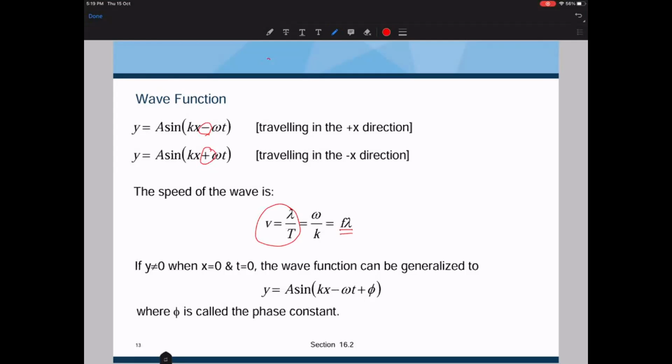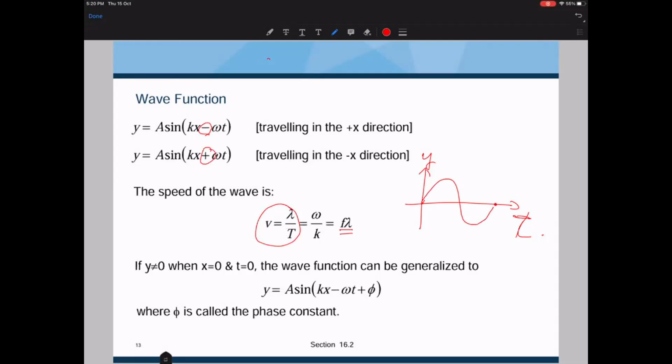Why is it the case? You have the wave, let us consider it in the y versus t graph. So it is at a particular location. After a period T, it will come back to the same point.